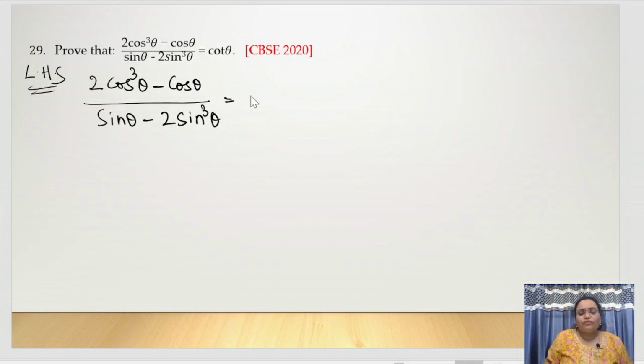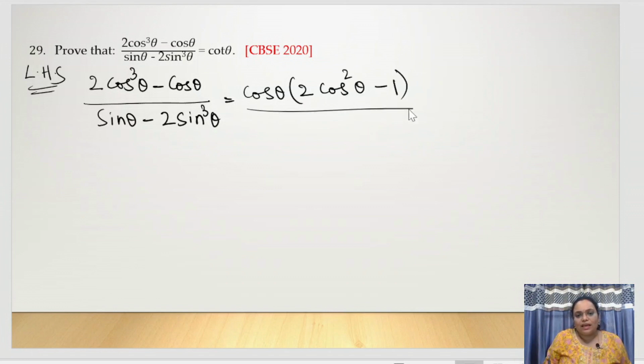Okay. So from the numerator, let us take cos theta common. If you take cos theta common, you will get 2 cos square theta minus 1. Yes. And from the denominator, if you take sin theta common, you will get 1 minus 2 sin square theta.